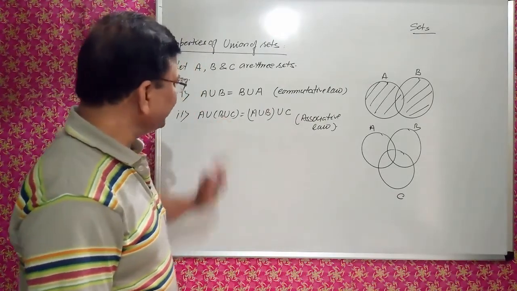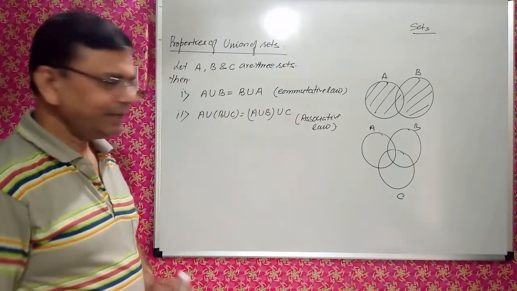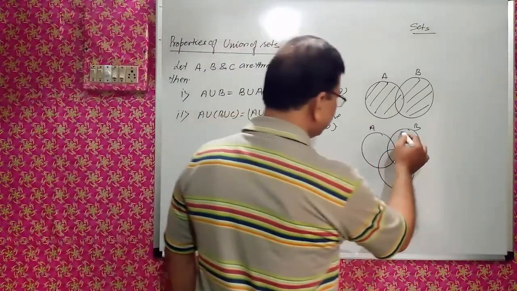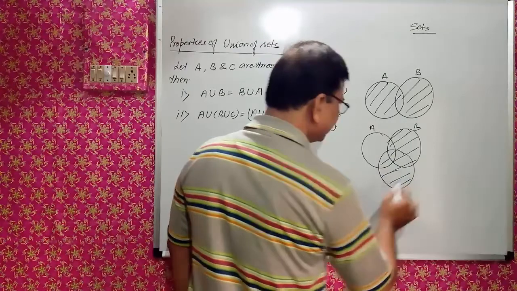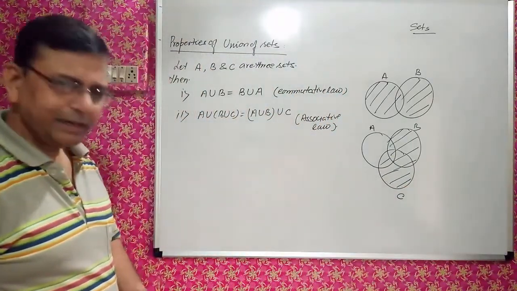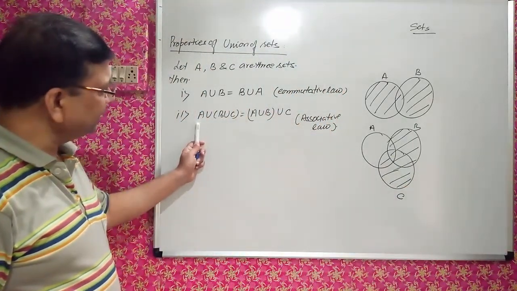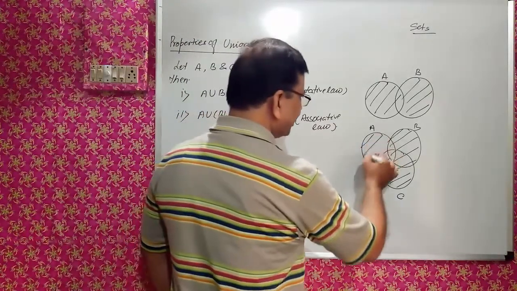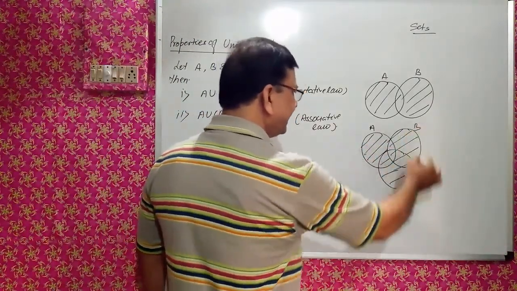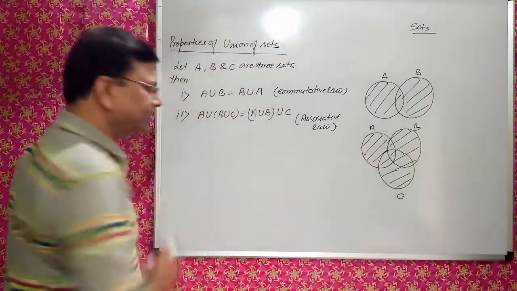I am taking B union C first. So B union C is what? This complete area. This is B union C. And if you are taking union with A, this area will also come in that. So the complete area is this.